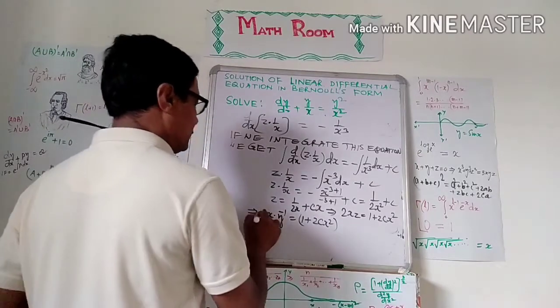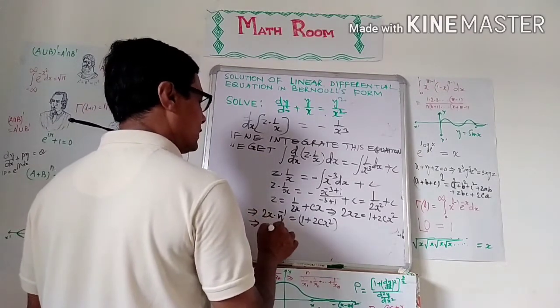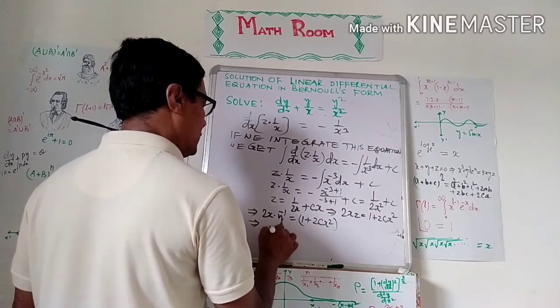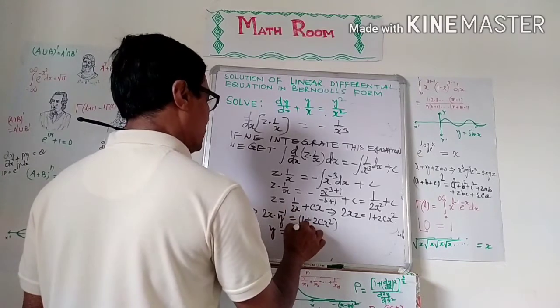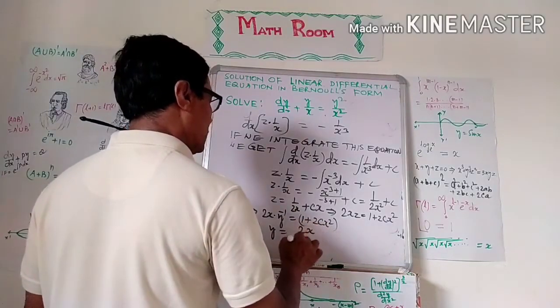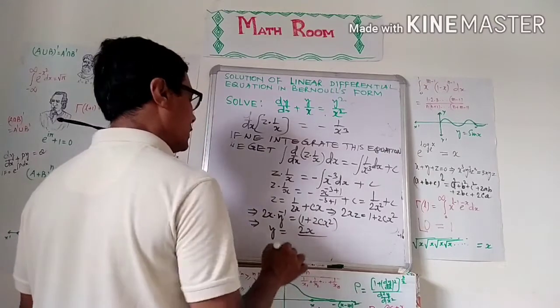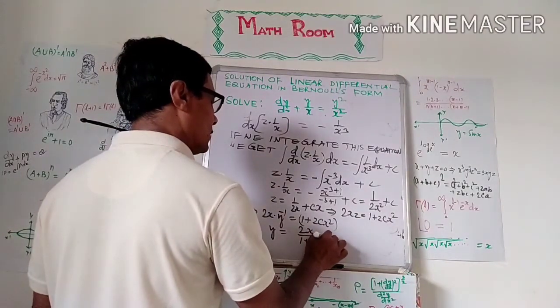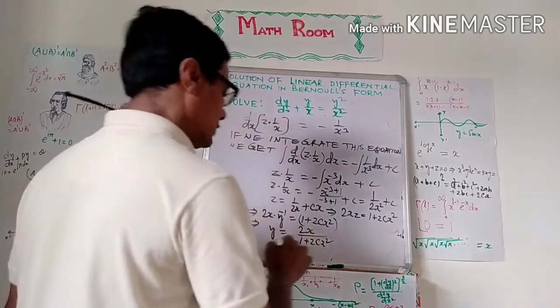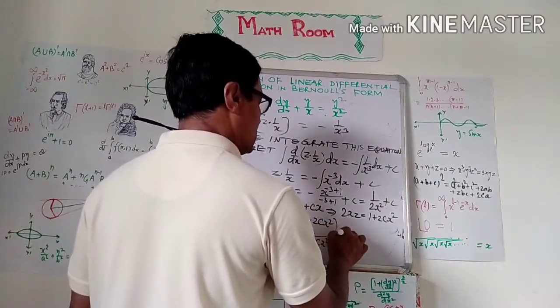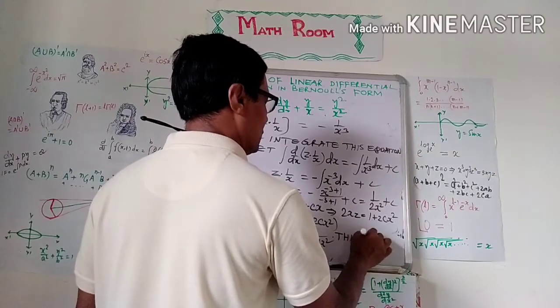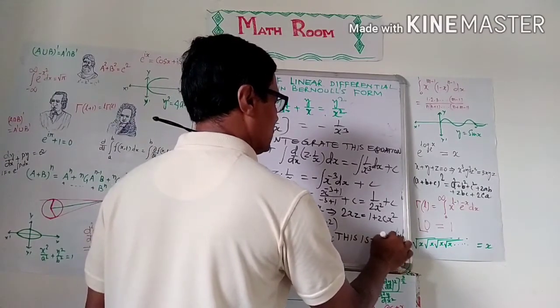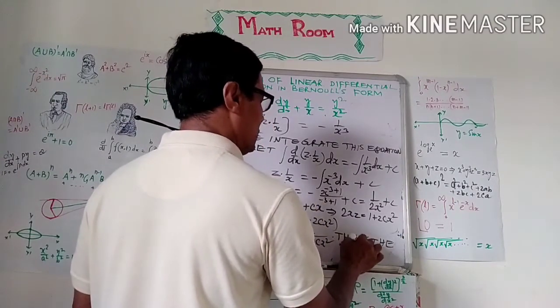So we can also write y equal to 2x divided by 1 plus 2c x square. This is the solution of the equation.